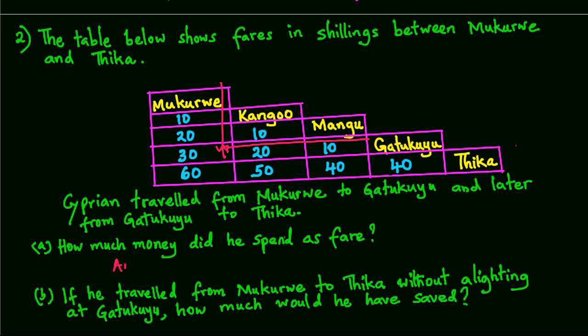So here amount spent will be 30 plus from Gatukuyu to Thika is 40 shillings. So this gives us a total of 70 shillings.